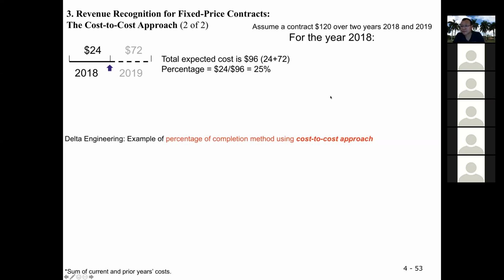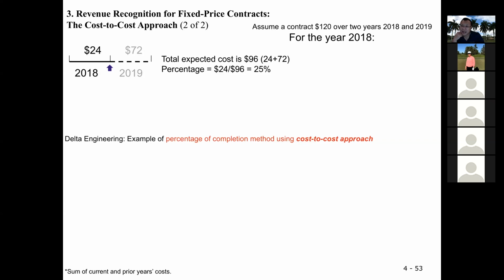What if the actual cost is higher than 96? Hey Claire, your voice is cut off. Can you please say again? What if the actual cost is higher than 96? You don't know at the end of 2018, right?